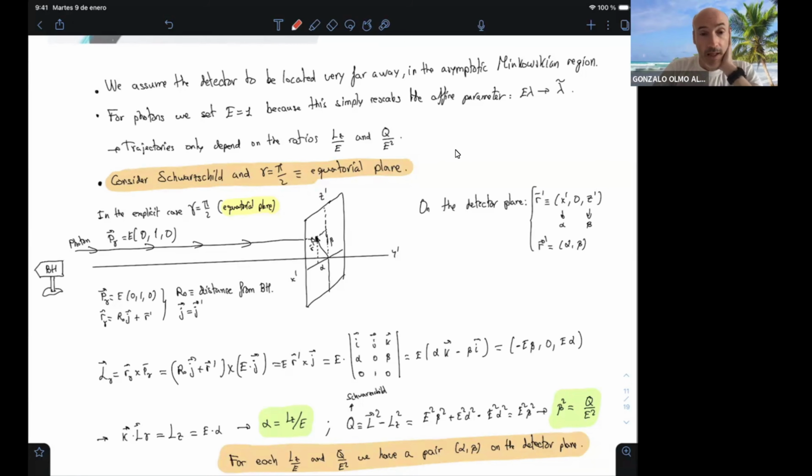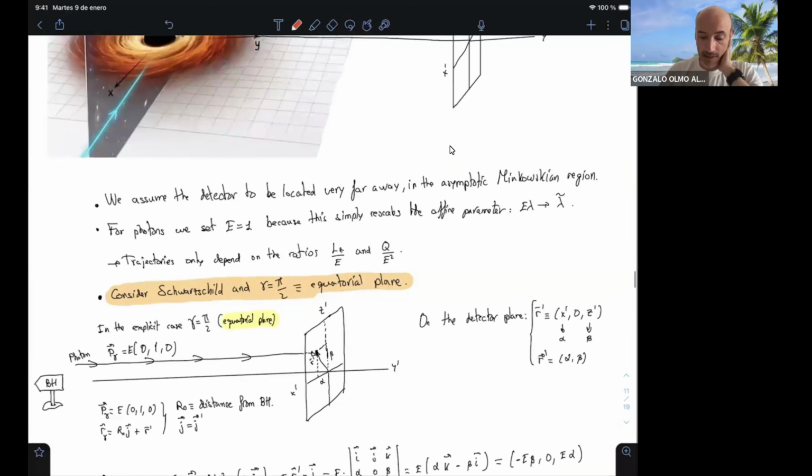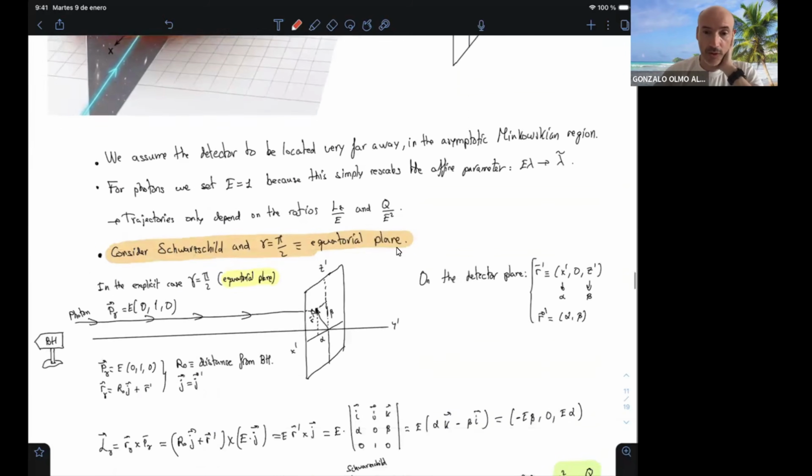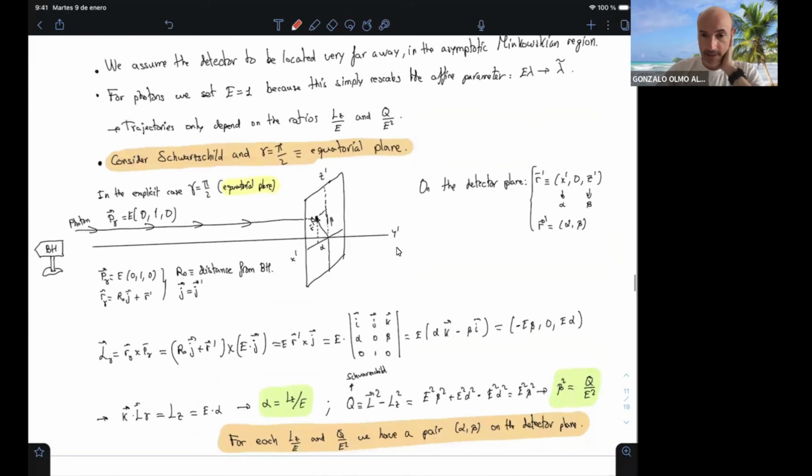Now, let me consider the first example, the one that we saw here with the detector on the equatorial plane. This is represented in this diagram here. Since the detector is very, very far away from the black hole, any light ray emitted from the black hole that is able to reach this small detector plate will be parallel to the equatorial plane.